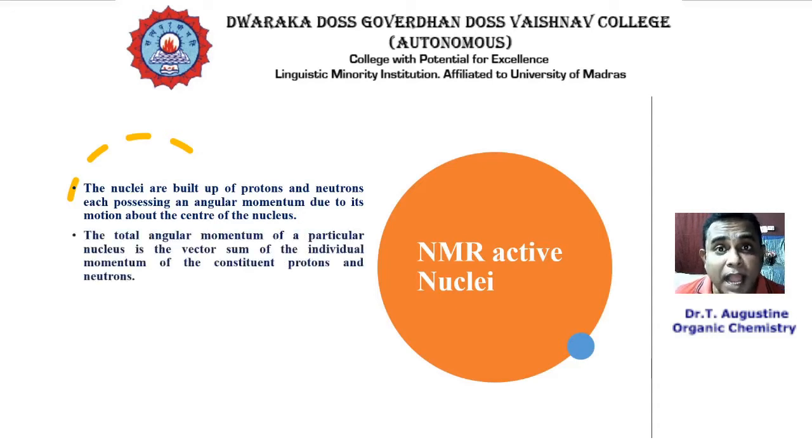The total angular momentum of a particular nucleus is the vector sum of the individual momentum of the constituent protons and neutrons. Let us say if I vector is the angular momentum of a proton and j vector is the angular momentum of the neutron, then I plus j will give you the total angular momentum, which is a vector quantity.